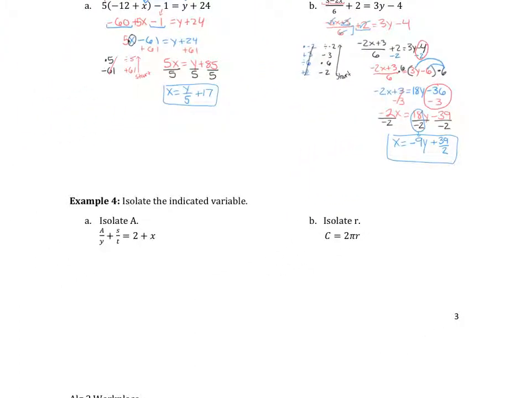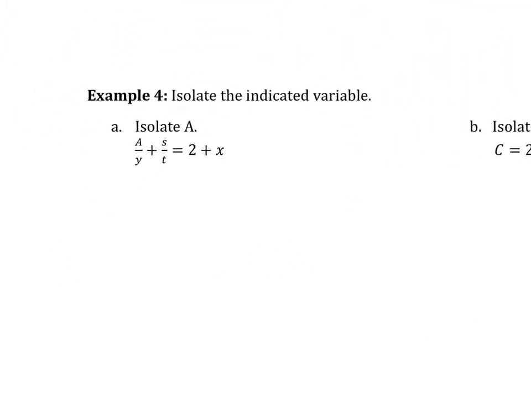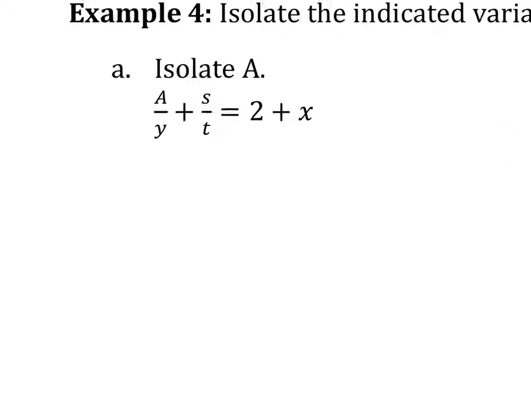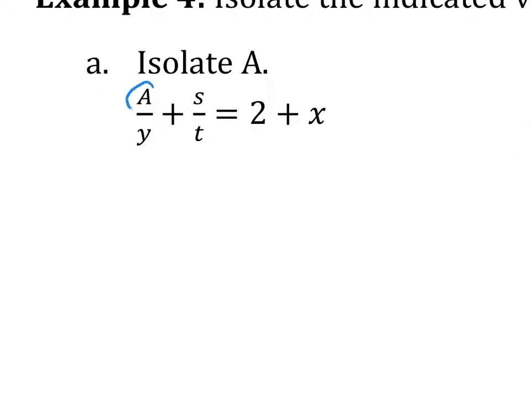Okay. The very last one, it's the same idea. There's just not going to be many like terms to combine. You just have a lot of different variables, a lot of different letters. So if we're trying to isolate A, order of operations, the very first thing that's happening to A is this division here. We're dividing by y.